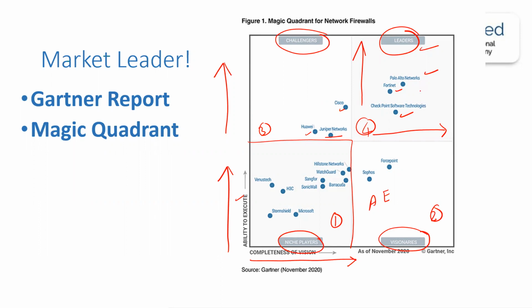Since you are preparing for the leader quadrant, you will always be rest assured, you will always be in demand. Why? Because if you know Palo, if you know Fortigate firewall, and let's say in the cloud leader quadrant you have AWS, and you know AWS, do I have to tell you that you'll get a job? Do I have to tell you that you'll get a good package? I do not have to tell you all these things, because it's understood.